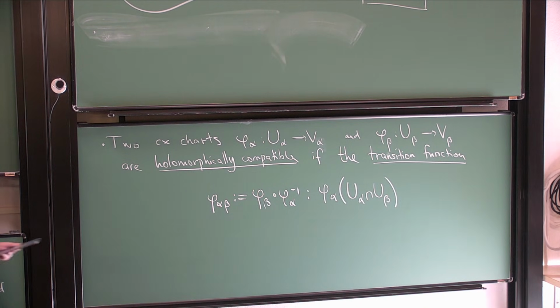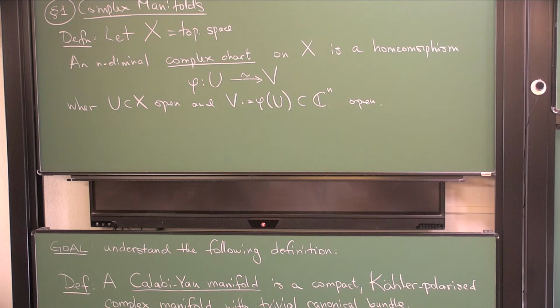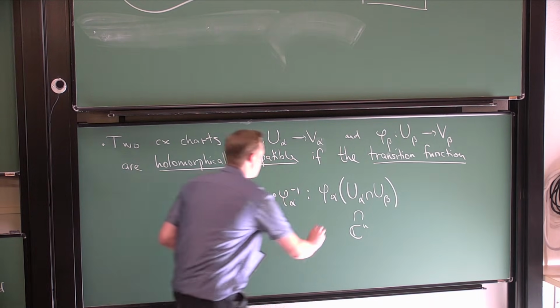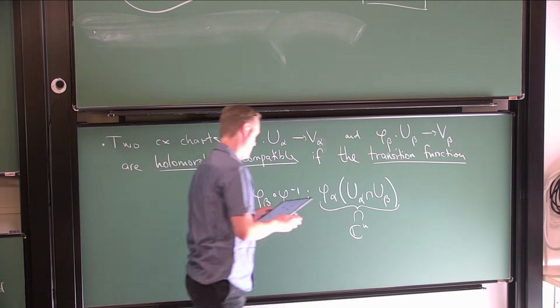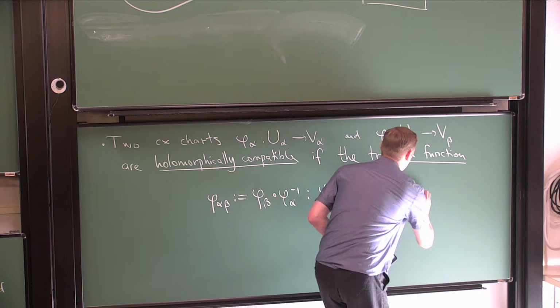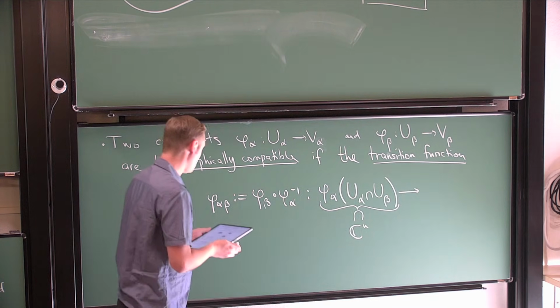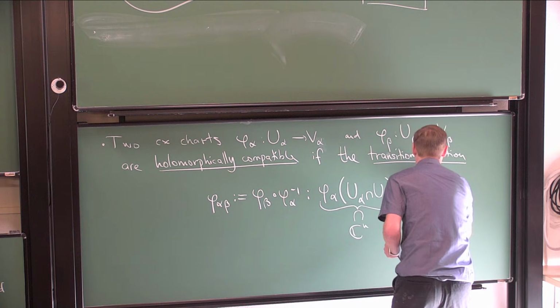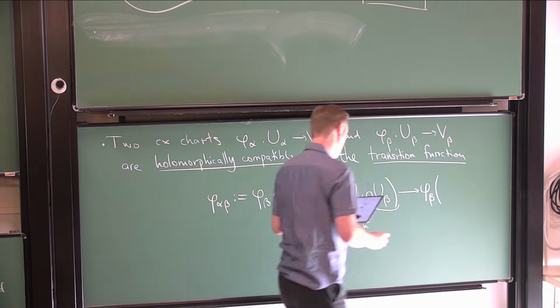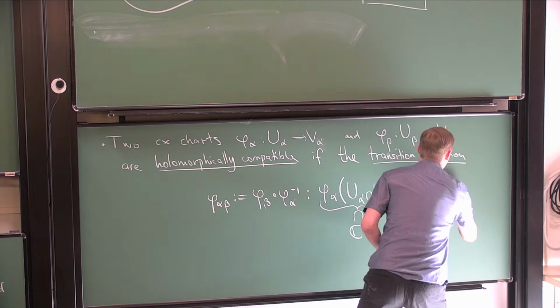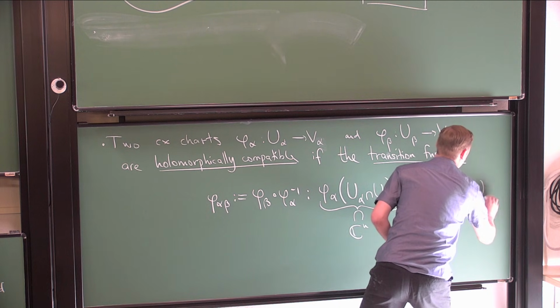So the way to do it is, of course, to just look at the intersection. So this is a subset of C to the n. I mean, this whole thing is a subset of C to the n. And what does it map to? Well, it maps to wherever phi beta takes this, U alpha intersect U beta.